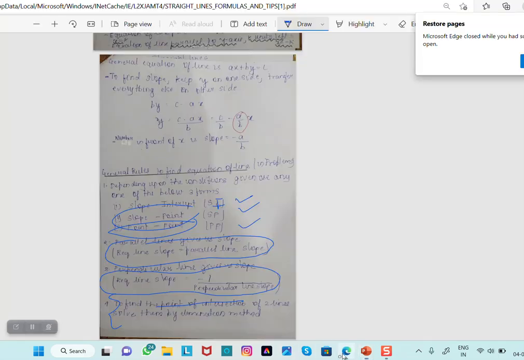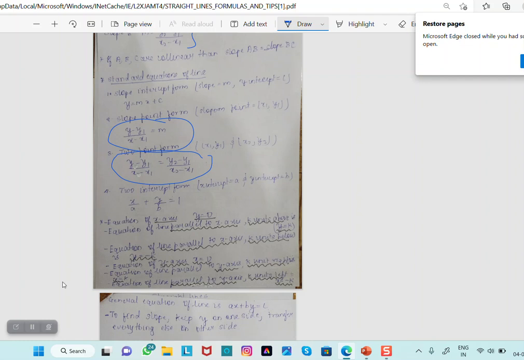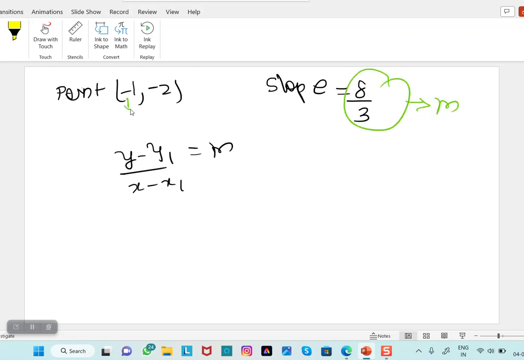Now we use the slope point form to get the equation of the line. The slope point form is given by y minus y1 upon x minus x1 is equal to m. So we copy that y minus y1 upon x minus x1 is equal to m. Whatever slope we have given here, this will become m, this will become x1 and this will become y1.